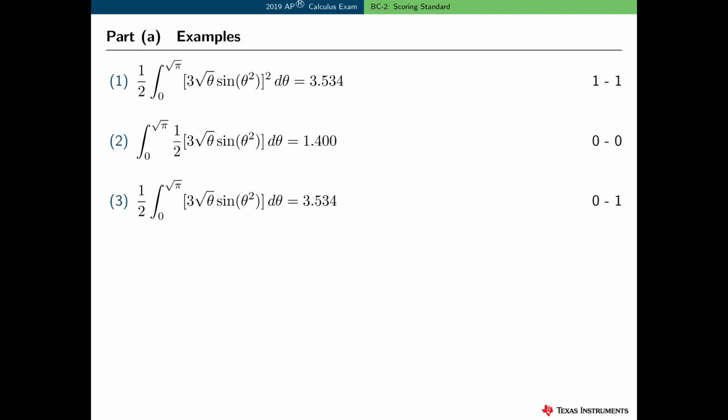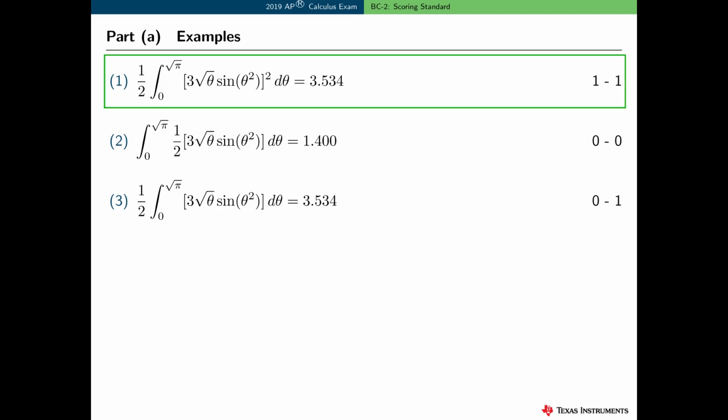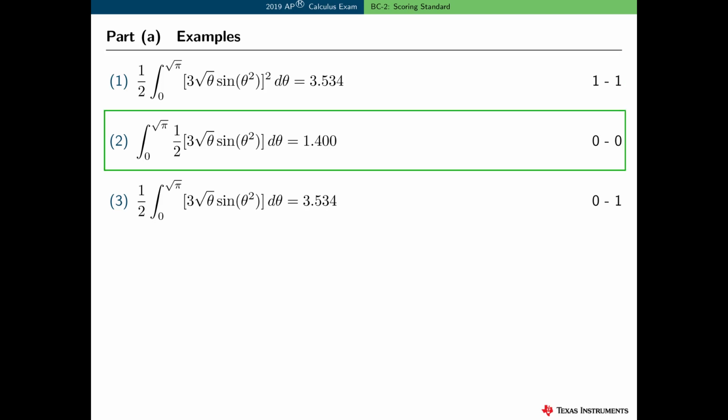Here are some example student responses in Part A and how each was scored. In Example 1, the student has the correct integral, the 1/2 is present, and they had the correct answer. They earned both points in Part A. In Example 2, the student does not have the correct integral, the square is missing, and they do not have the correct answer.